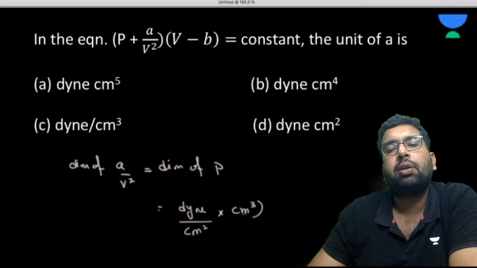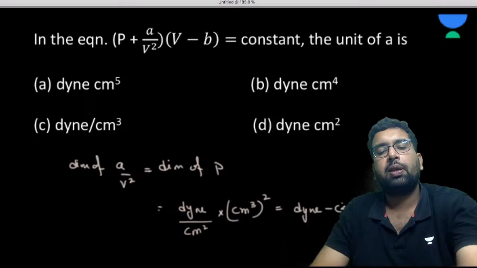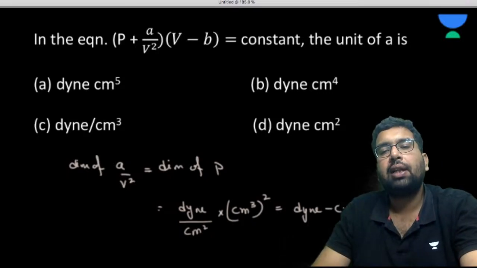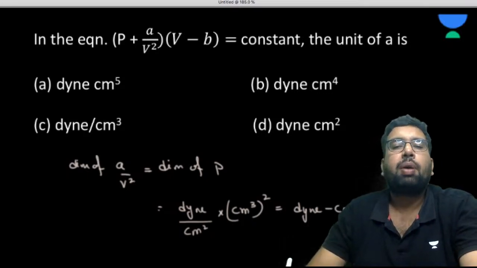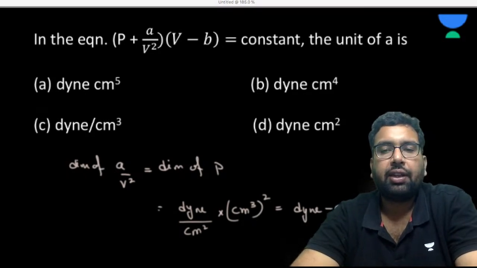It is centimeter cube, and squared. So it will become centimeter to the power 6 upon centimeter square. So this will become dyne centimeter to the power 4. Right? Obviously, sir, very easy. No problem at all.